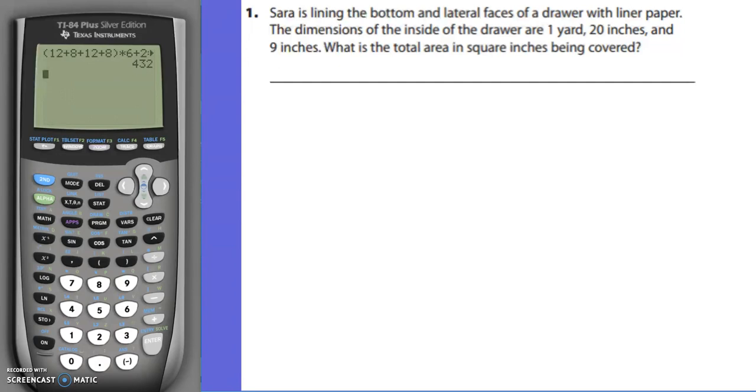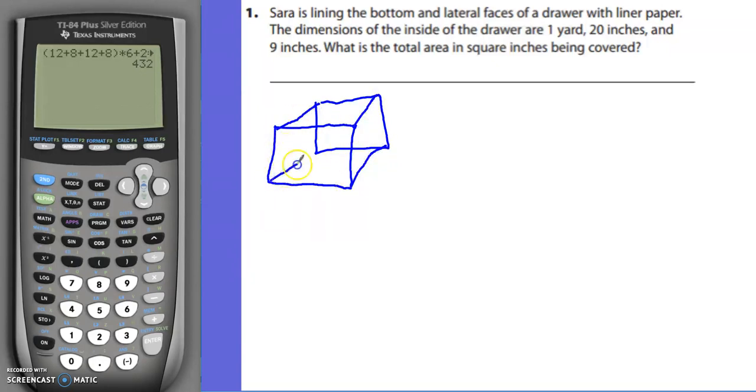It says Sarah is lining the bottom and lateral faces of a drawer with liner paper. The dimensions of the inside of the drawer are 1 yard, 20 inches, and 9 inches. What is the total area in square inches being covered? Okay, so we probably want to draw a picture. We'll just draw some type of rectangular prism that looks like this.